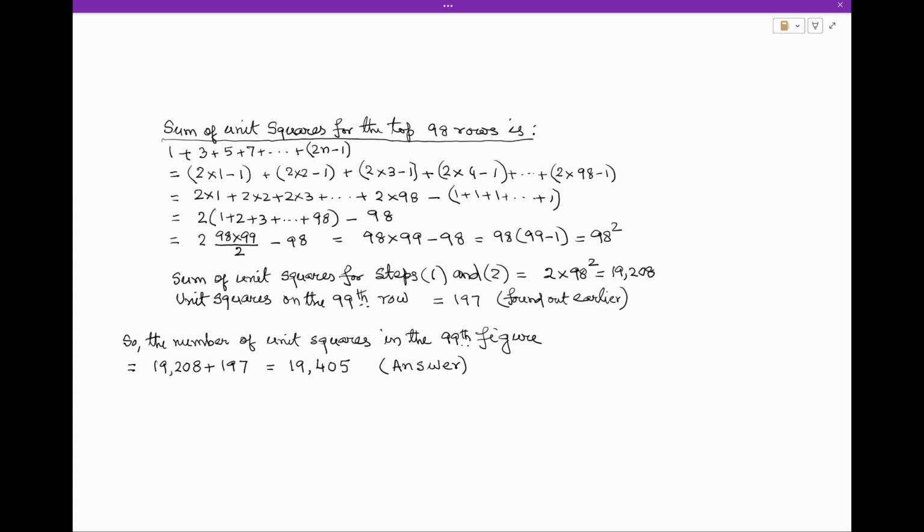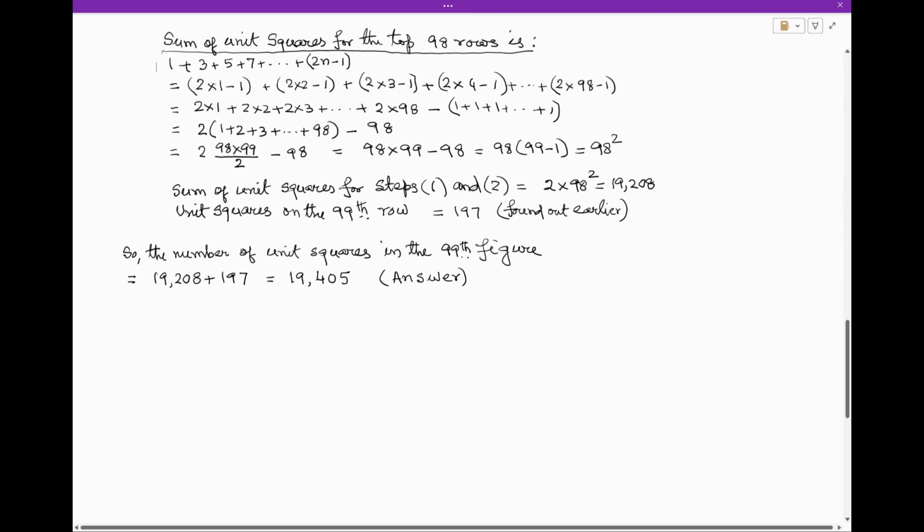The sum of unit squares for steps 1 and 2 together is equal to, therefore, 2 multiplied by 98 squared, and that is equal to 19,208. We have already found out that the unit squares on the 99th row is 197.